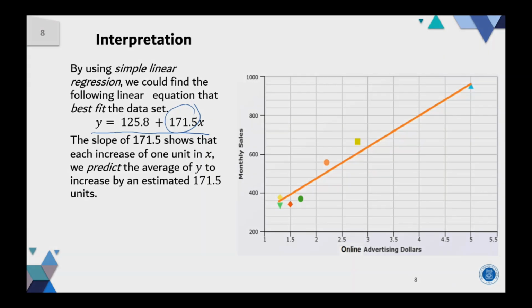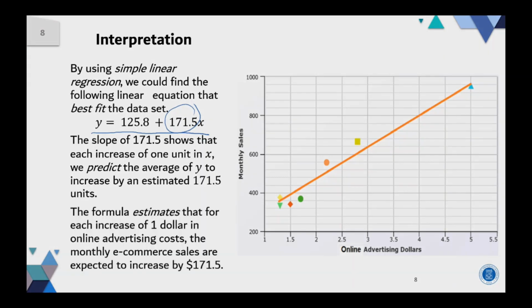Okay, and if we translate that to the problem, we can say that this linear equation estimates that for each increase of $1 in online advertising, we predict there will be an increase in sales of 171.5.